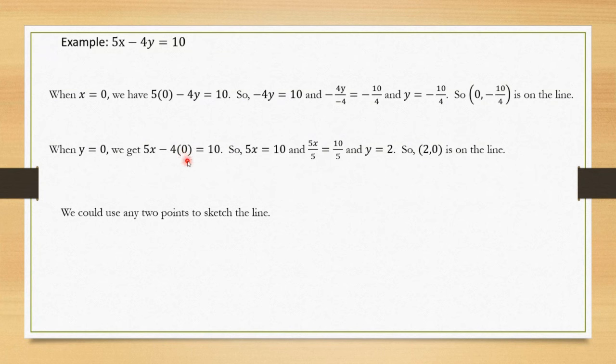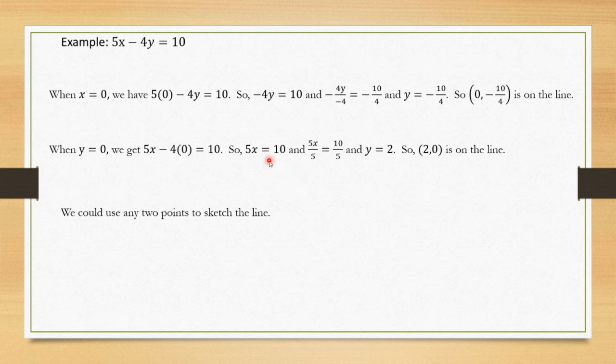So anyway, when y is 0, we get 5x minus 4 times 0 is 10. Right? 4 times 0 is gone. So we're left with 5x equals 10. We have 5x minus 0, which is 10. So we have 5x equals 10.